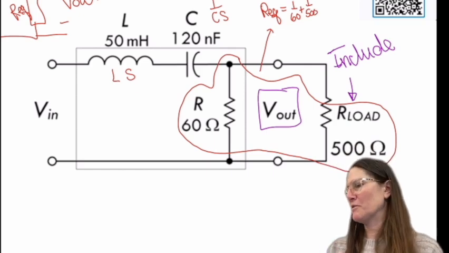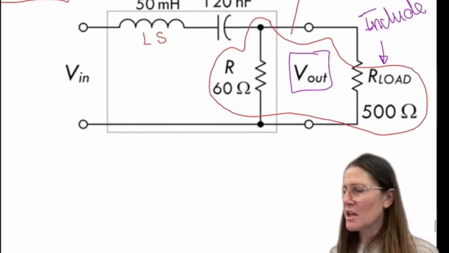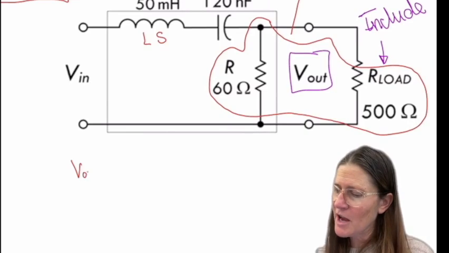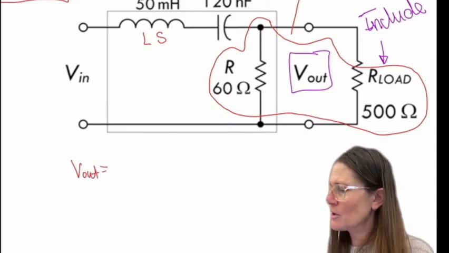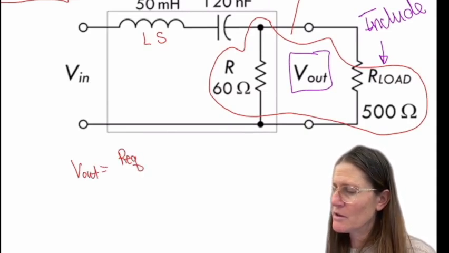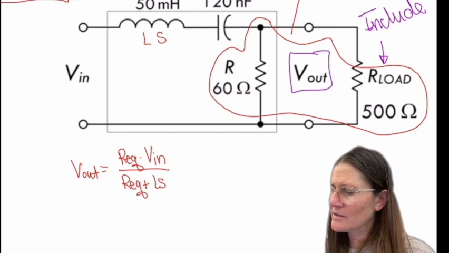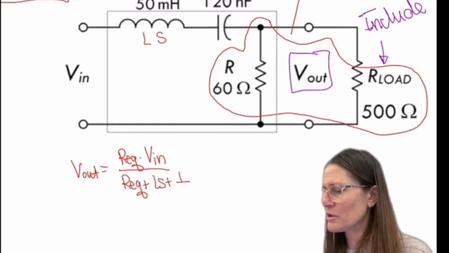I don't have a number for that. And then your equation is going to be V out is equal to the R equivalent times V in over R equivalent plus LS plus 1 over CS.